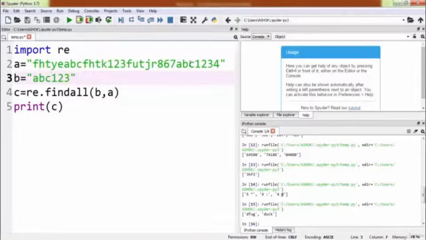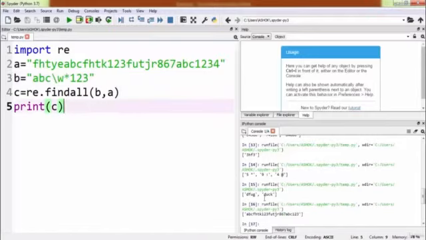For that I will use \w, and we must give a quantifier star. This star allows that the \w can be repeated 0 or more times, and when you run, you can see that it is starting with ABC and ending with 1, 2, 3, and in between there are 0 or more characters.